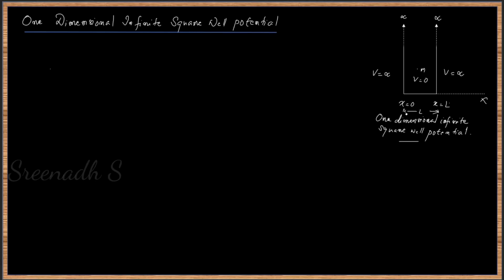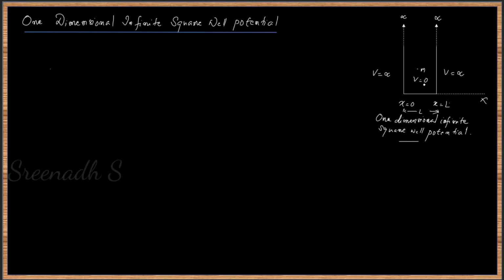Since we consider that there is no force of interaction between the walls of the box as well as the particle, it means the potential energy of the particle inside the box is 0.